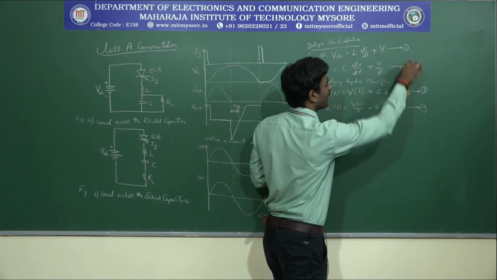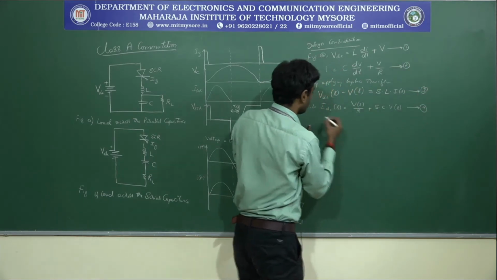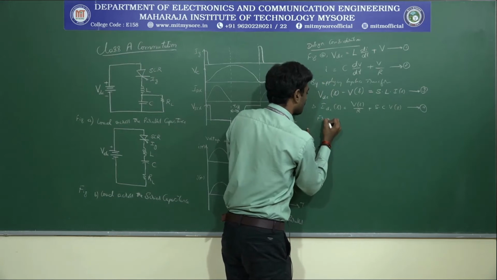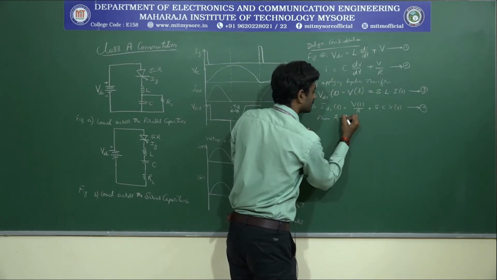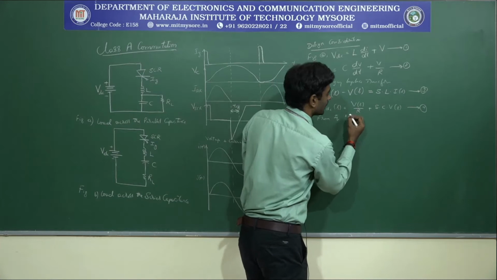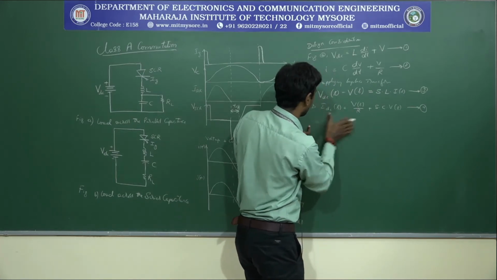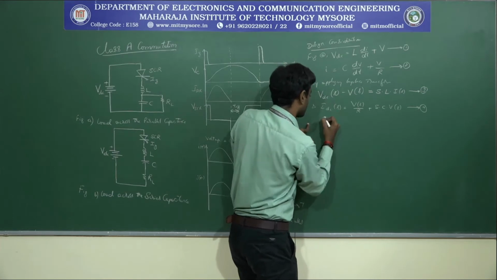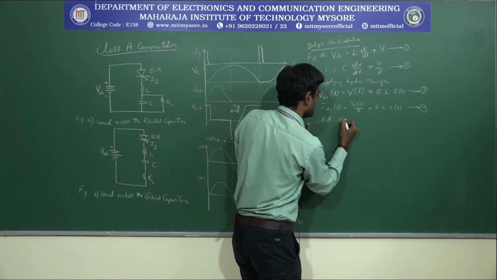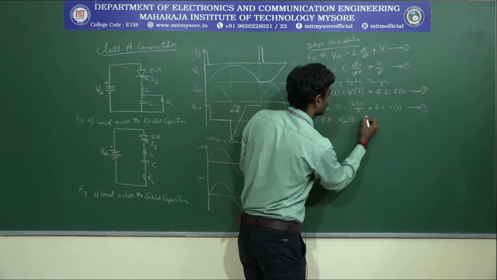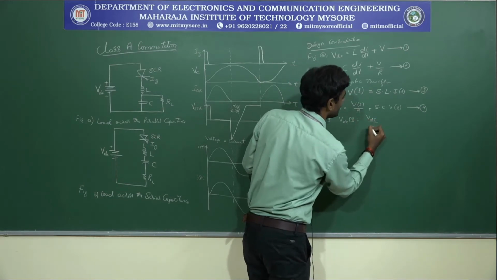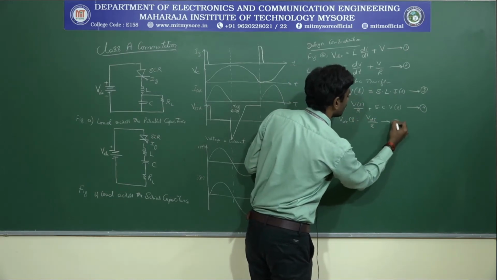This will be my equations 1, 2, 3 and 4. Before that, I will write another equation: VDC of S will be equal to VDC divided by S. This will be equation 5.